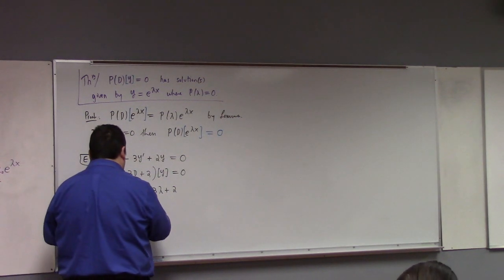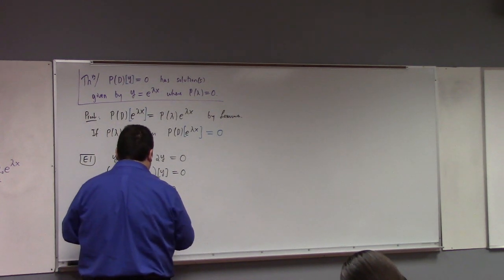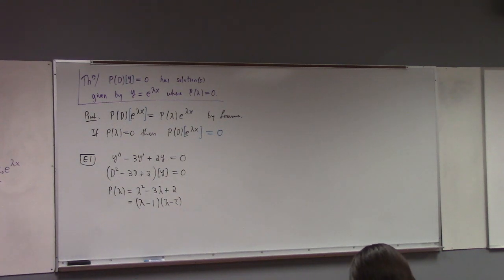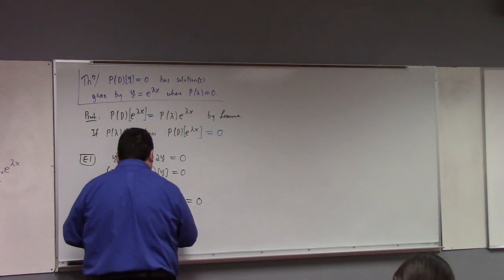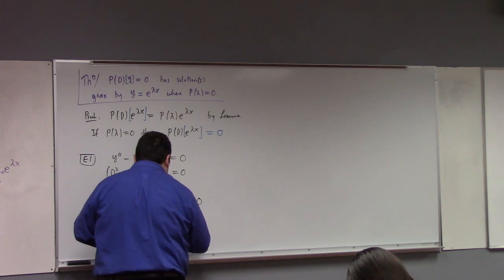We've got lambda minus 1 times lambda minus 2. Why would I factor it? Where that equals 0, it gives me either lambda 1 equals 1 or lambda 2 equals 2.